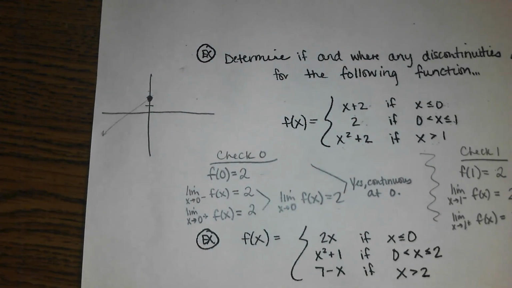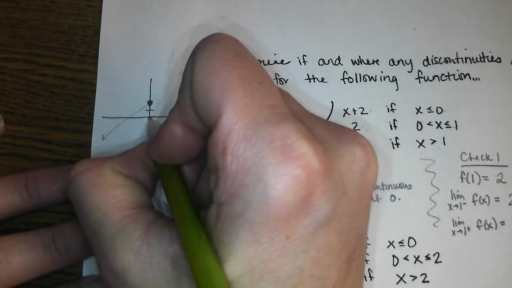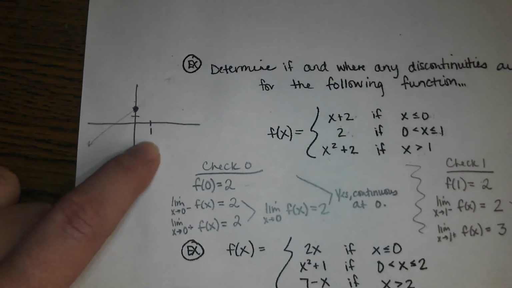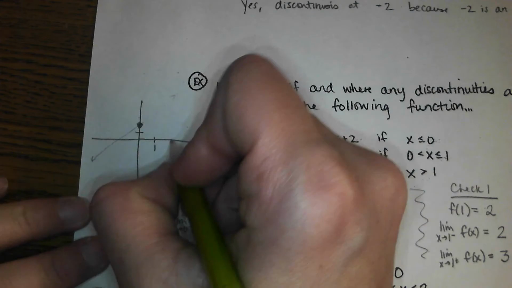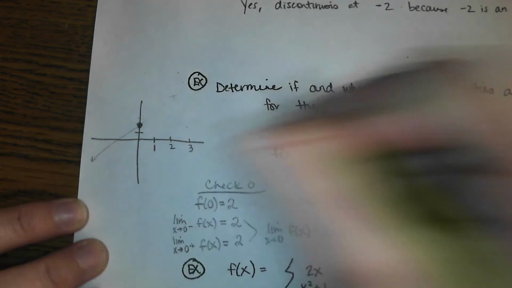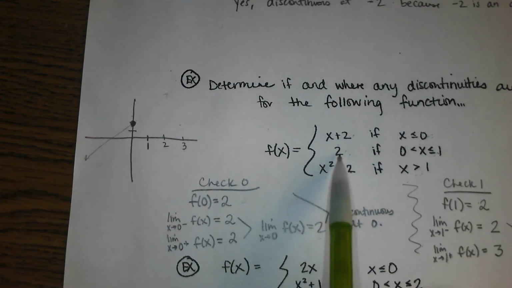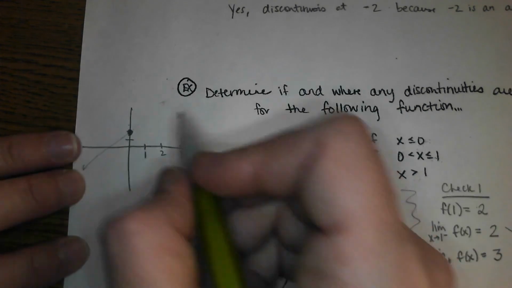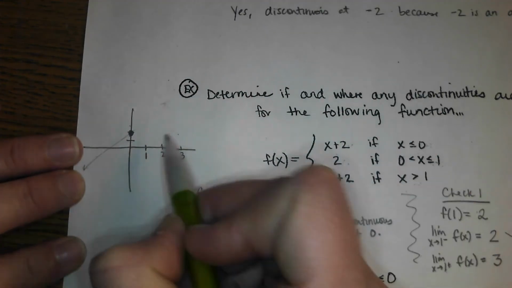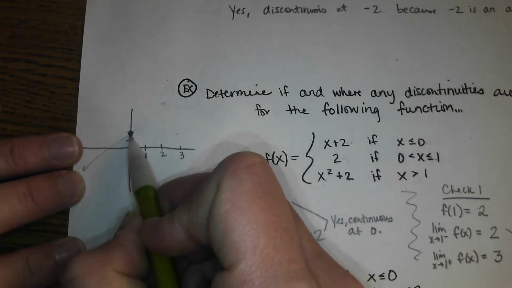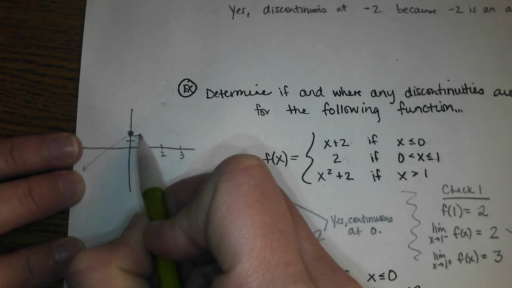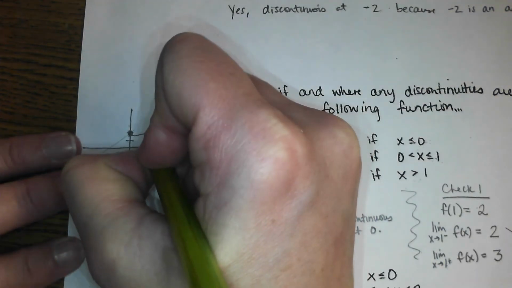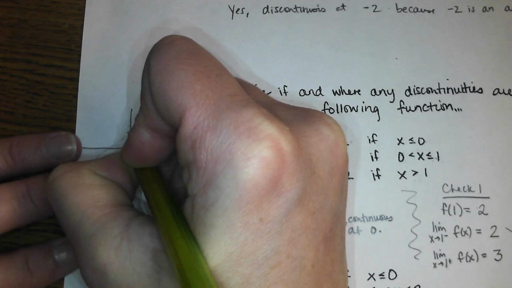And then between 0 and 1, if I let that be my x coordinate of 1, it's just the flat line, y equals 2, between 0 and 1. Technically an open circle at 0, but because it's starting at the same point that that one ended, it's going to be tough to see. And then less than or equal to 1 implies a solid circle at 1 as well.